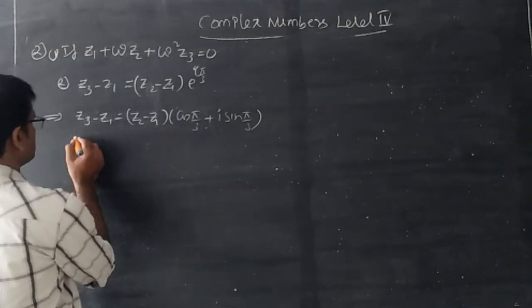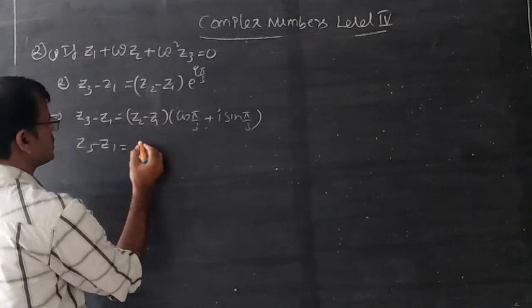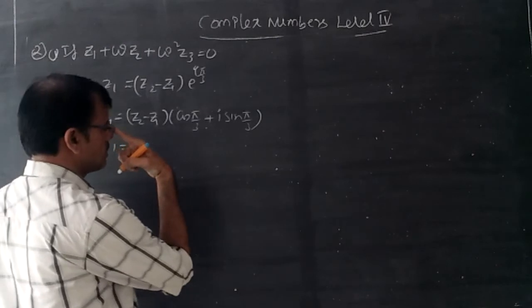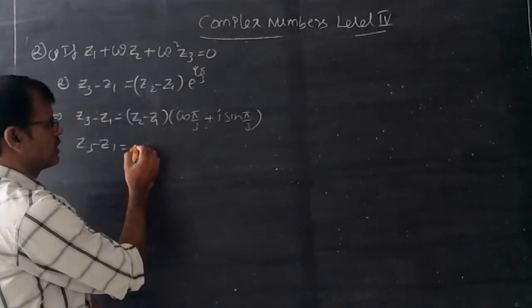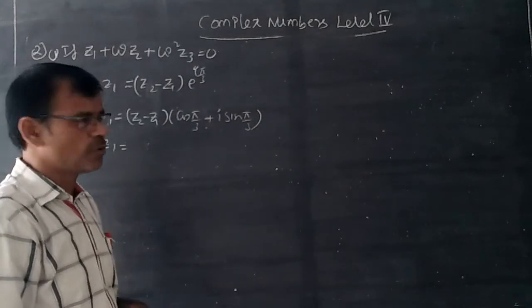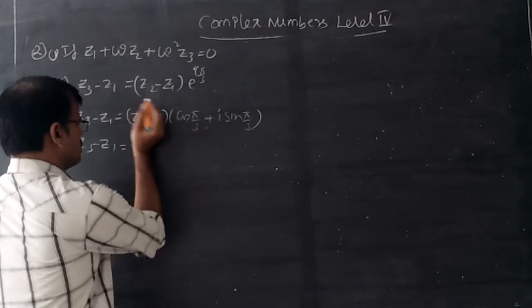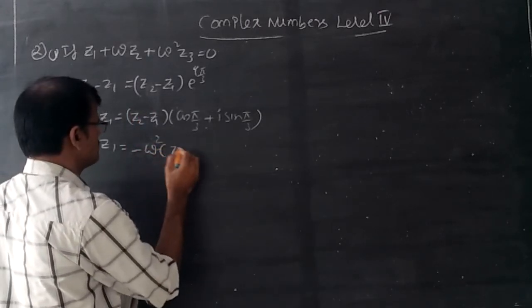So let us write here z3 minus z1 equal to cos pi by 3 plus i sin pi by 3, which is 1 by 2 plus i root 3 by 2. That becomes minus of minus 1 minus i root 3 by 2, so minus omega square. This is minus omega square into z2 minus z1.